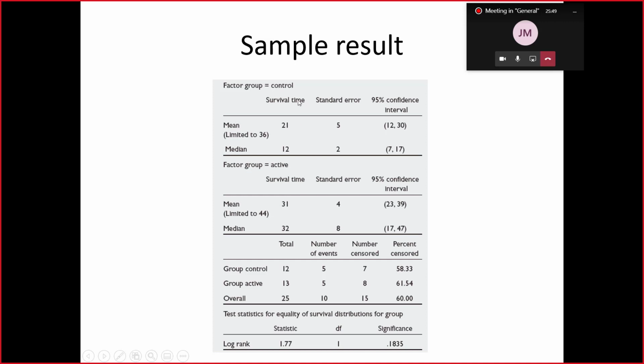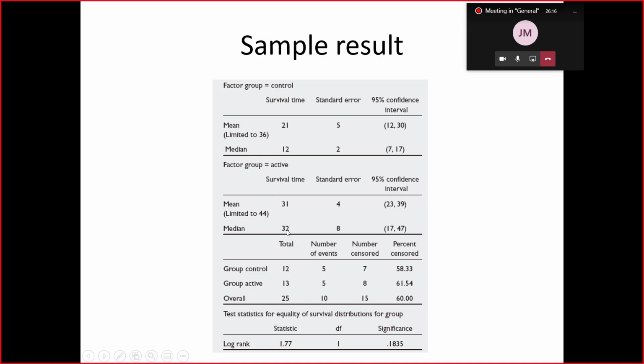So Waishan, they got two groups. So one is control group, the other one is the cancer group. So you can see here, the value is like this. Okay, so what is important here? The median for this is 12, median for this is 32. In terms of survival time, this is the real median, I think.